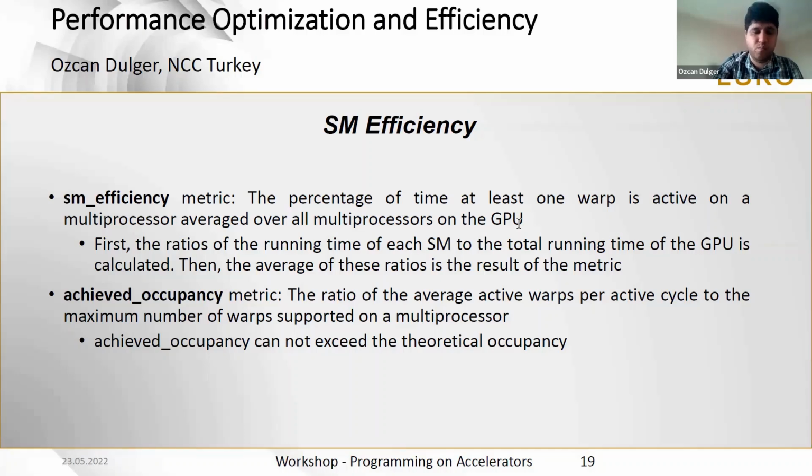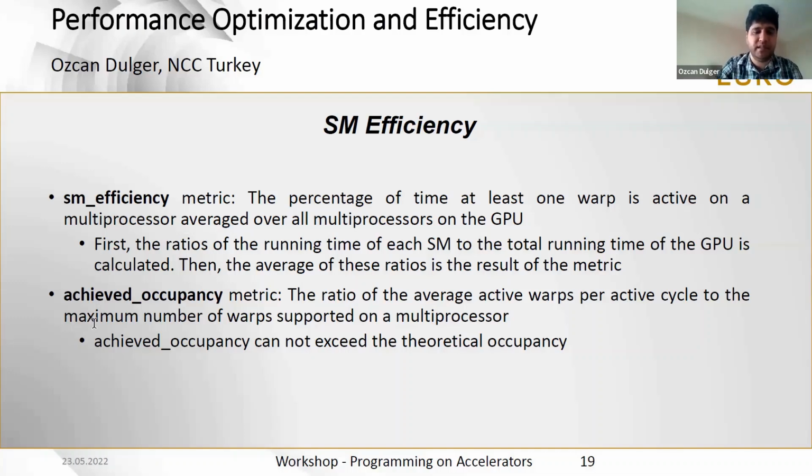That means we first calculate the ratio of the running time of each streaming multiprocessor to the total running time of the application, and by averaging these results, we obtain the value of this metric.